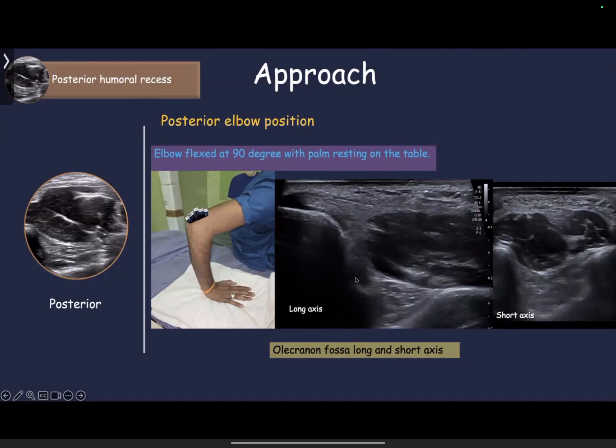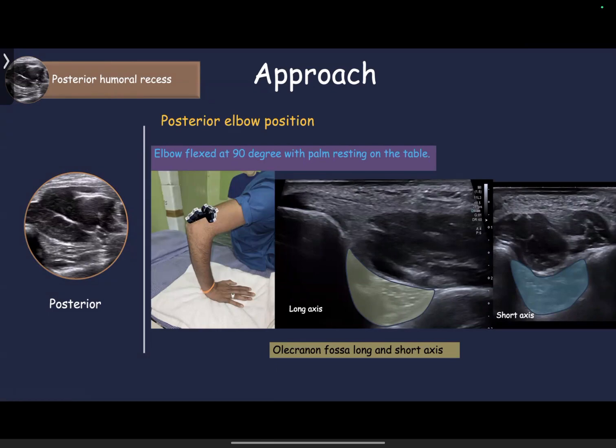This is the olecranon fossa in the long axis, and then for the short axis, we'll go slightly cranially, and what we'll get is the short axis view of the olecranon fossa. This olecranon fossa contains fat and synovium. Any pathology in the joint will lift up this fat, giving the fat pad sign on sonography. So examination of the triceps and the posterior fat recesses is very crucial.